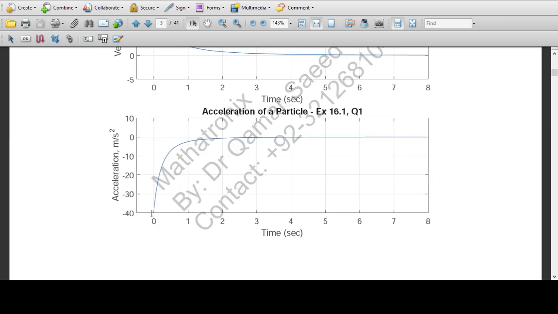So acceleration at t is equal to 1, which is this is minus 10, this is 0, so this is minus 0.24 at this point at t is equal to 1. So this is question number 1.